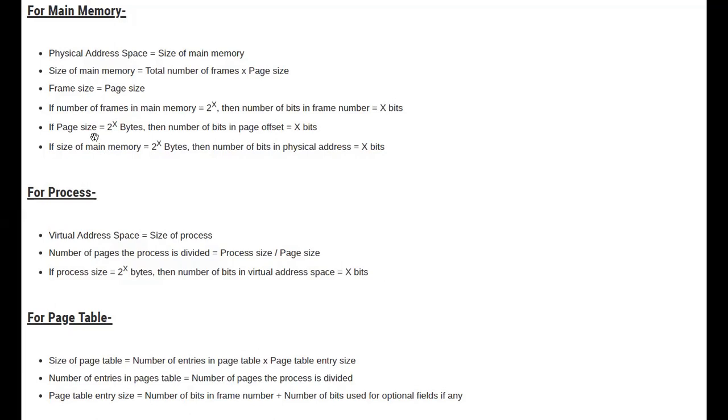If page size is equal to 2 raised to the power x bytes, then number of bits in the page offset is equal to x bits. You can understand this in reverse case. Suppose your offset is taking x bits, so how many offsets will be there?